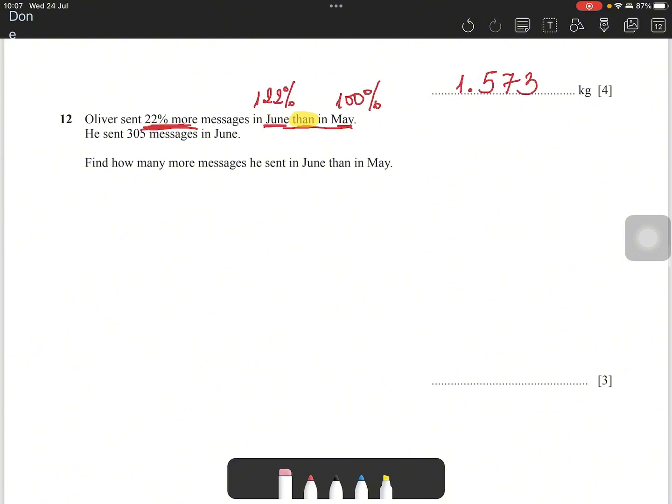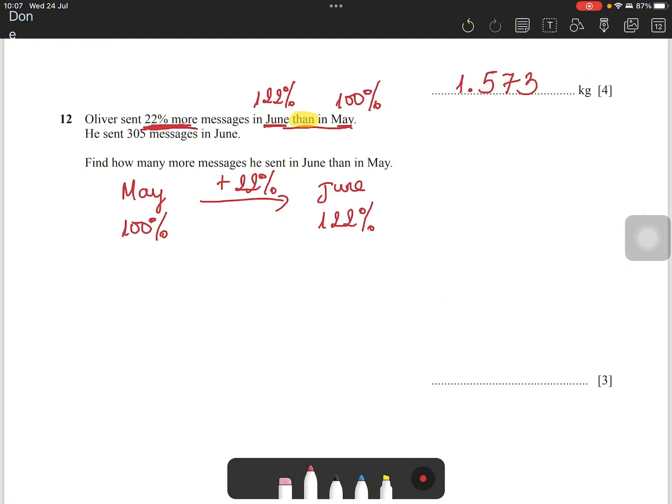So I'll write this down. In May, she sent 100%, and then in June, he sent 22% more than in May. So in June, he sent 122%.